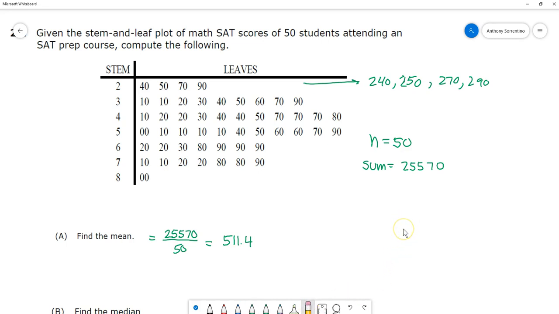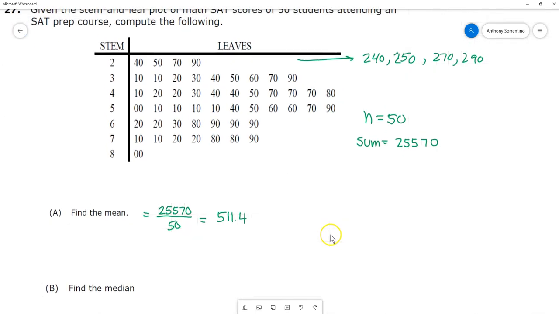Now the median's not too hard because one of the nice things about having a stem and leaf plot is that the data is essentially listed in order. So if I'm looking for the median, I take 50 divided by 2, I get 25. So I want the average of the 25th and 26th terms. So when I go back to this and count out the terms, 1, 2, 3, up through 25 and 26, I'm looking for the average between these two terms.